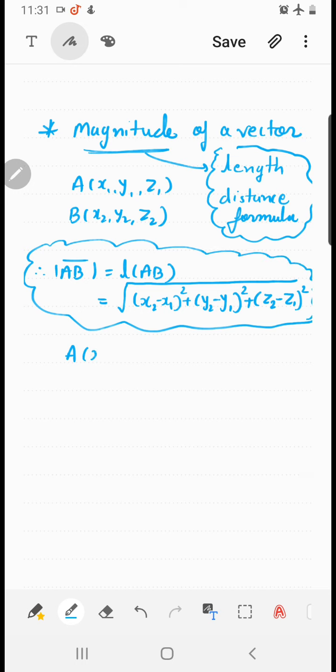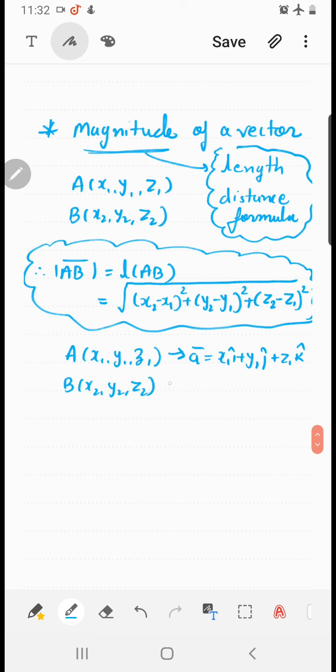As I already said, whenever I give you a point, the very first thing you do is convert this into position vector. So what I can write is x1 i cap plus y1 j cap plus z1 k cap. Likewise, B is x2 y2 z2. So I can write this as B bar equal to x2 i cap plus y2 j cap plus z2 k cap.